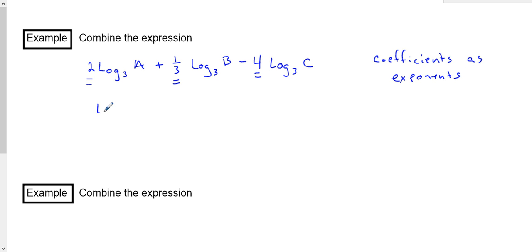So we get log base 3 of a squared plus log base 3 of b to the 1/3 minus log base 3 of c to the 4th.